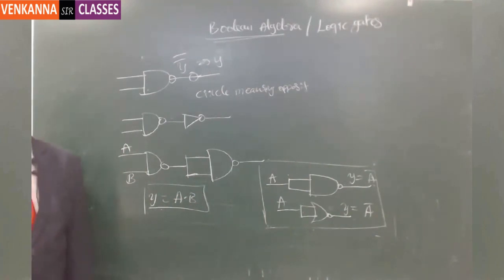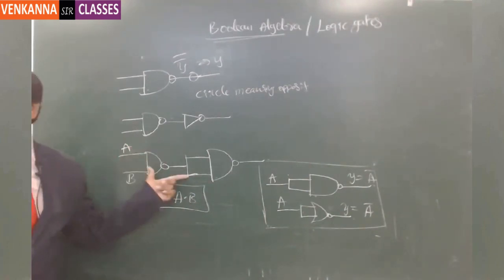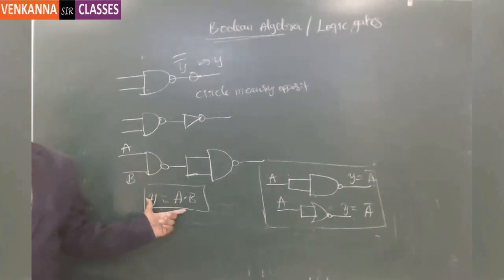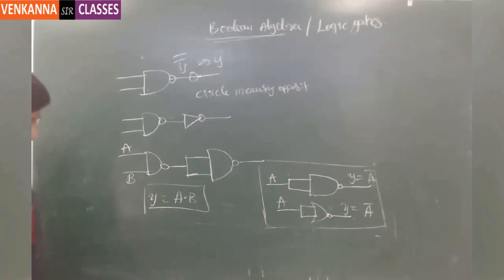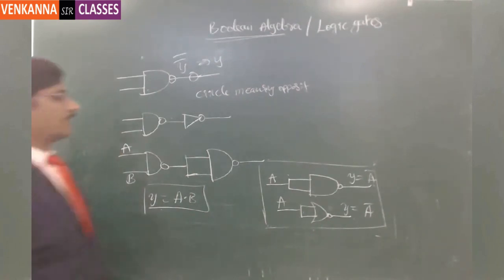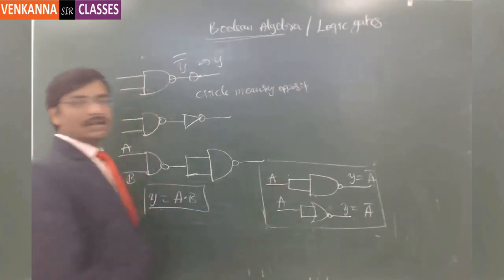Got it? So with the help of only NAND gates, I have constructed an AND gate. I hope it is understood. So we can construct the OR gate also with NAND gates.